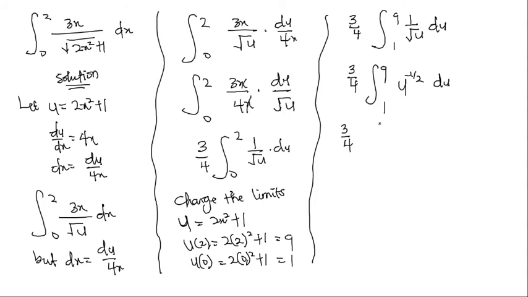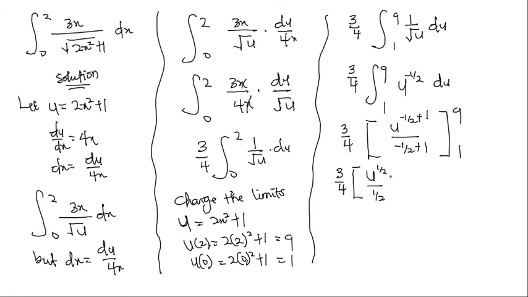Now if I integrate this, I have u to the power negative half plus 1 on negative half plus 1. Because it is a definite integral, I don't need to add a constant, but I need to bring the limits over here. So I have 3 on 4, then u to the power half on half, the limits 1 to 9.